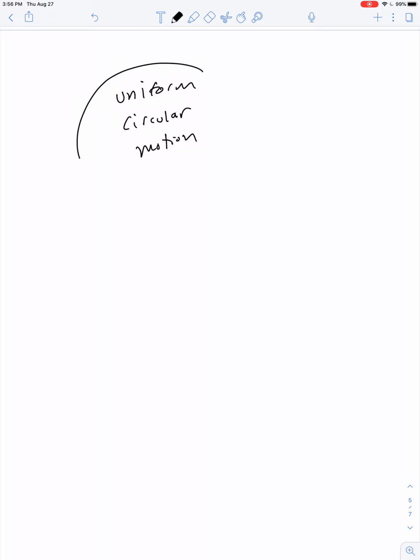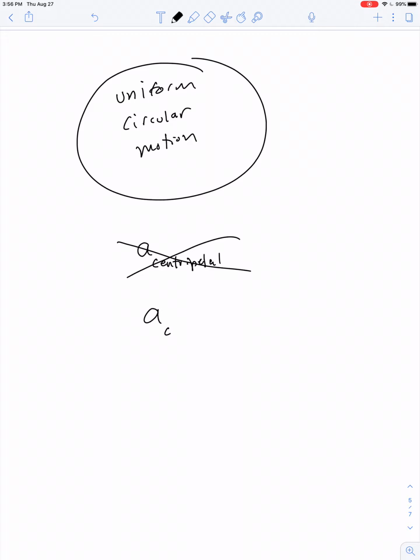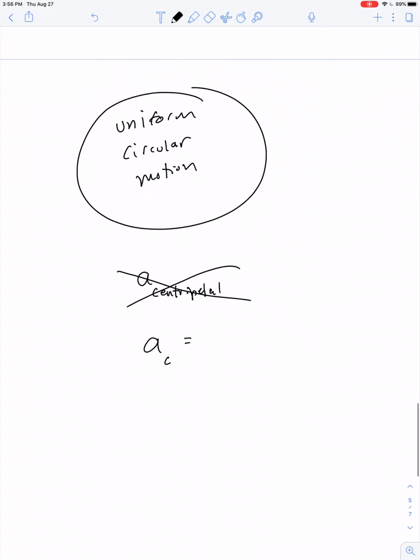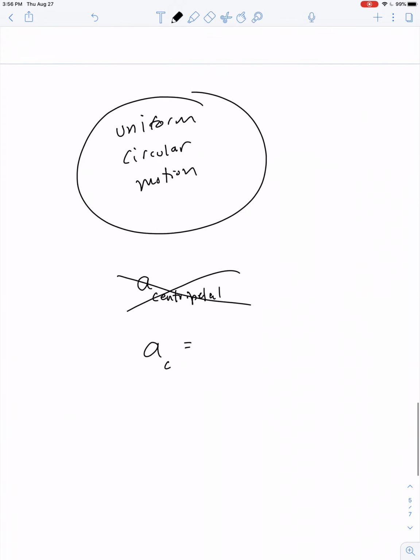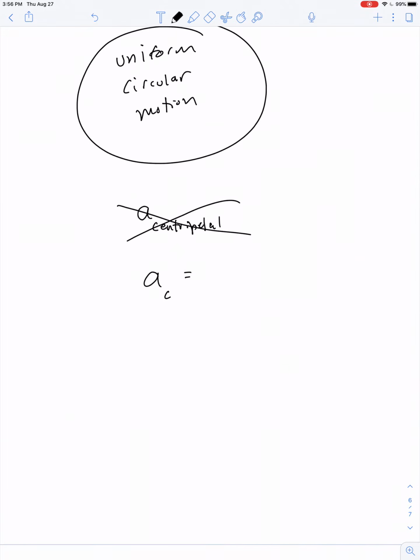In the next unit of study, we'll describe uniform circular motion and derive a formula that says centripetal acceleration, which we can symbolize as a subscript c, is equal to, well, it's a function of how great the tangential velocity is and also how large the radius of the circular path is. The centripetal acceleration is equal to the tangential speed squared divided by the radius of the circular path.